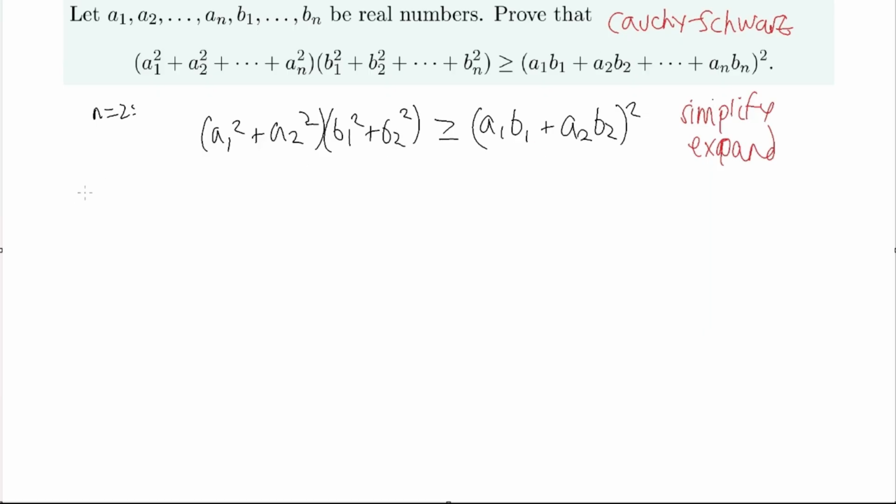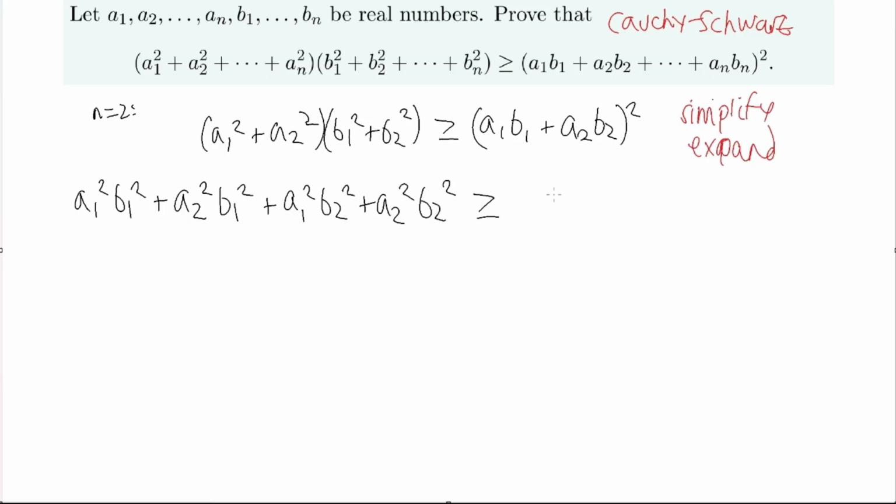And if we do that, we get a1 squared b1 squared plus a2 squared b1 squared plus, I think, a1 squared b2 squared plus a2 squared b2 squared is greater than or equal to a1 squared b1 squared plus 2a1 a2 b1 b2 plus a2 squared b2 squared.